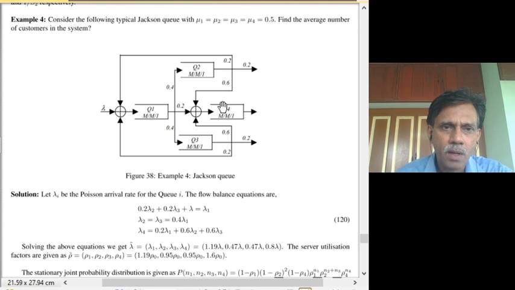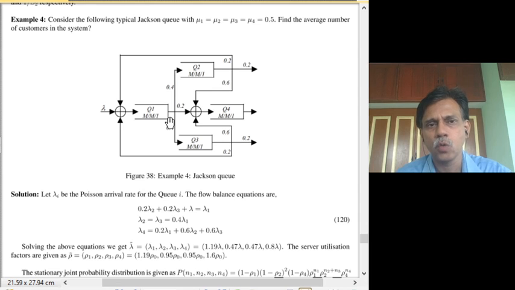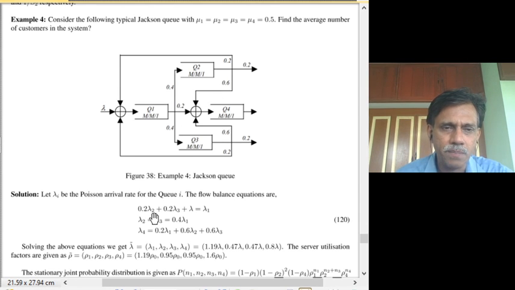Now, these are the probabilities with which a customer leaving a given queue goes to the next queue, and so on. So we can write the overall arrival rate. For Q1, whose arrival rate we will call lambda 1, it is given by the external arrival rate lambda plus 0.2 times lambda 2 plus 0.2 times lambda 3.